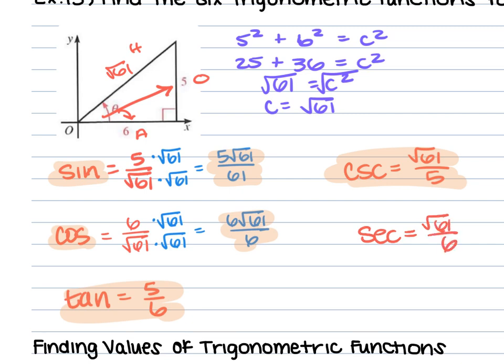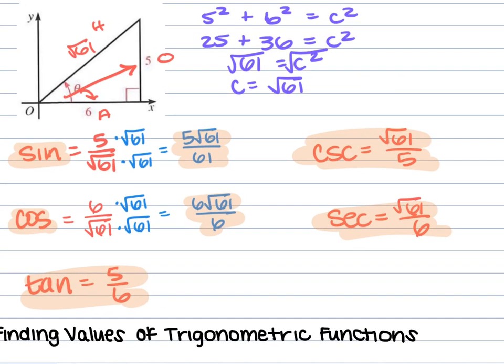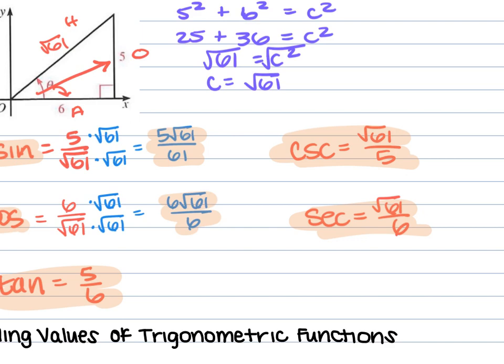Again, we don't have to change anything with that one or rationalize the denominator. It is rational. Your reciprocal of tangent is cotangent, and that's your adjacent over opposite, so 6 over 5.